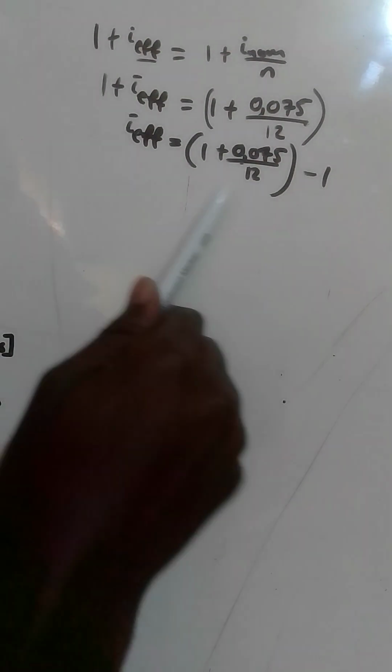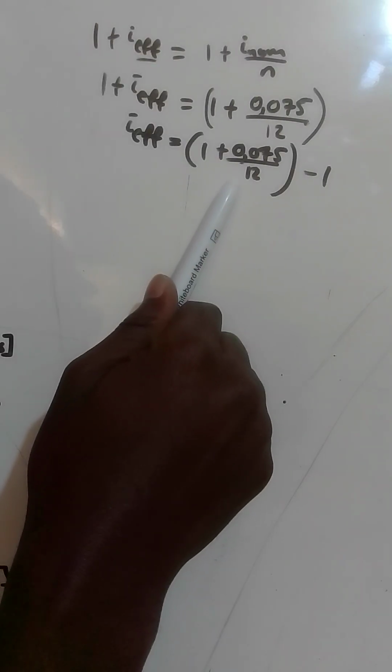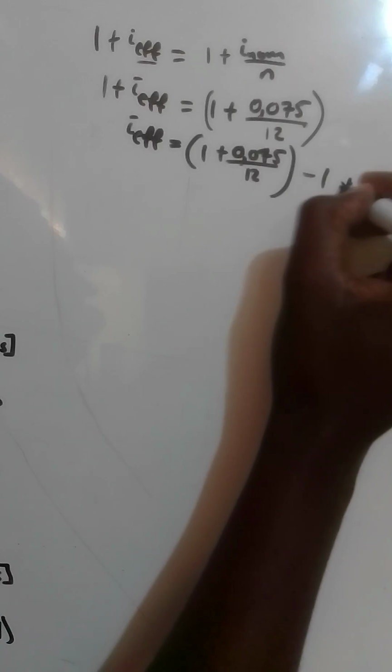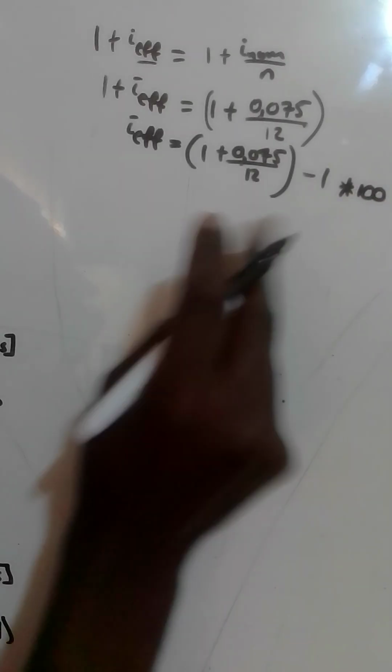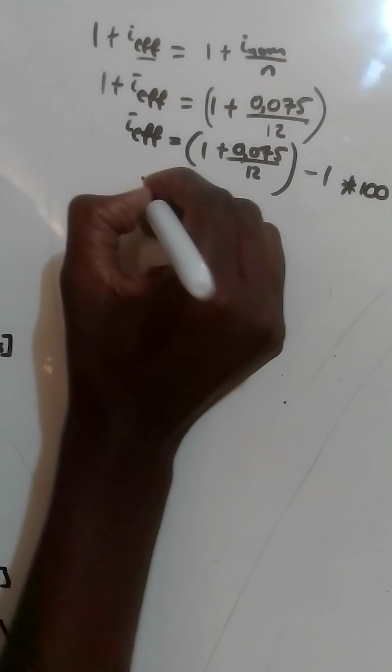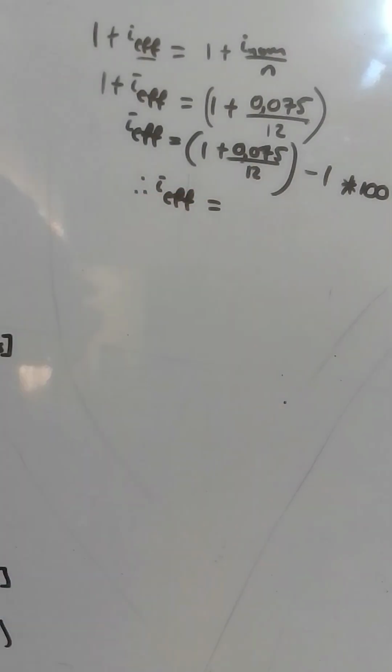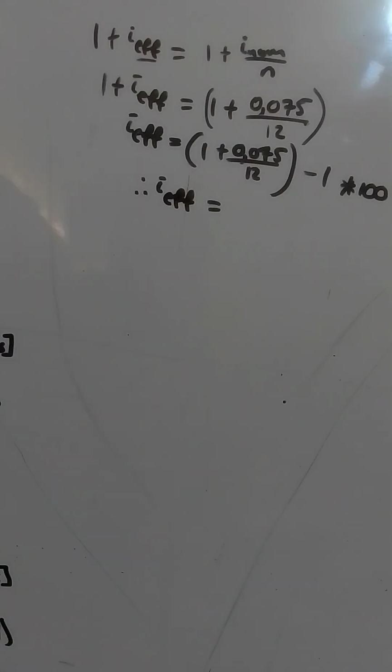Then I say whatever I'm going to get here, I want it as a percentage. So whatever the answer is going to be here, I have to multiply by 100. Therefore i_eff is equal to, then I'll be writing the final percentage, right?